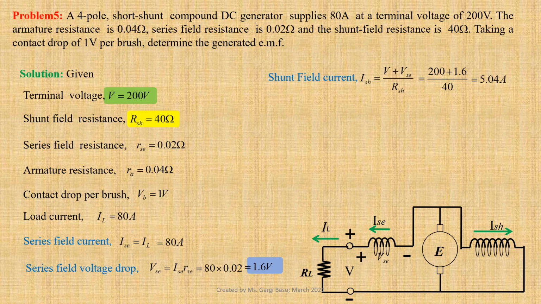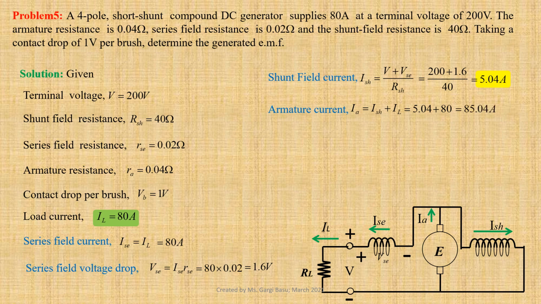Now we shall calculate armature current. IA equals to ISH plus IL. Using values, we get 5.04 plus 80, that gives us 85.04 ampere.